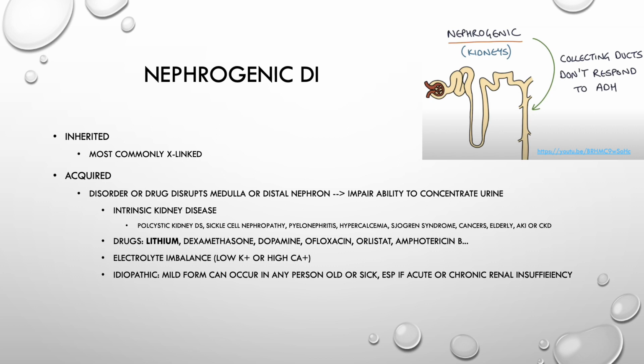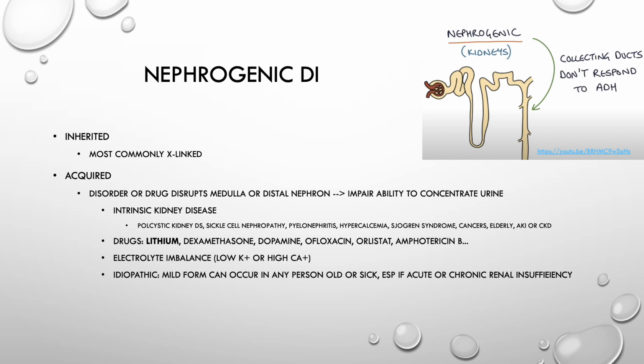So intrinsic kidney disease is one of these things, which includes polycystic kidney disease, sickle cell nephropathy, pyelonephritis, hypercalcemia, people with Sjögren's syndrome, cancers, elderly people with decreased GFRs. Okay, we have acute kidney injuries in the hospital constantly, or chronic kidney disease.